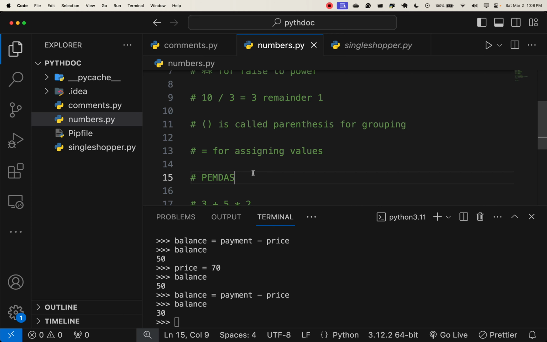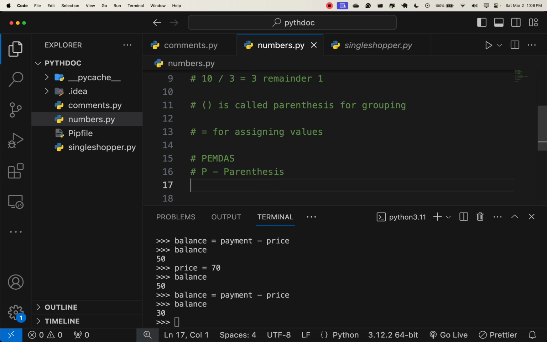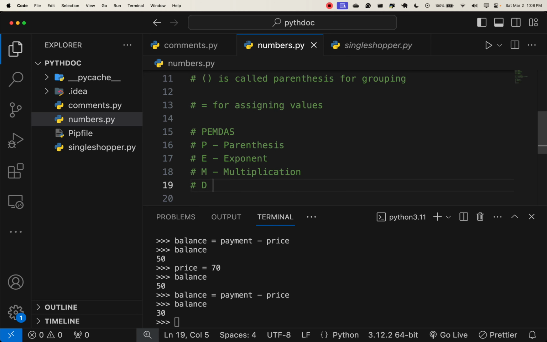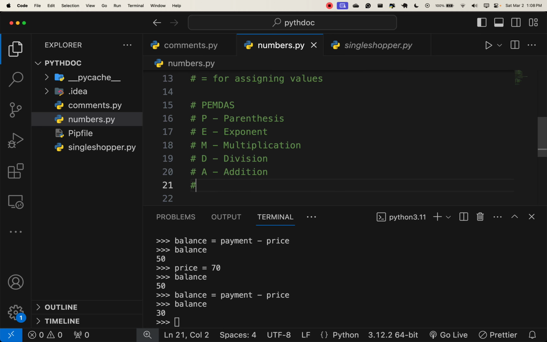P is for parentheses, E is for exponent, M is for multiplication, D is for division, A is for addition, and finally S is for subtraction.